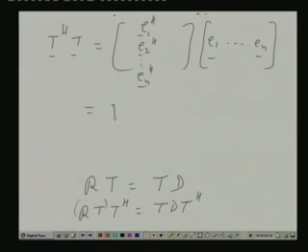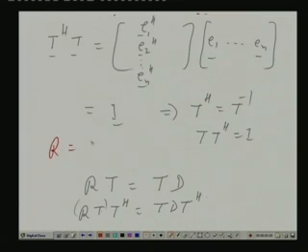So, this will become the identity matrix. This means T Hermitian is nothing but T inverse, which means T T Hermitian is also I. So, which means R is nothing but T D T Hermitian.